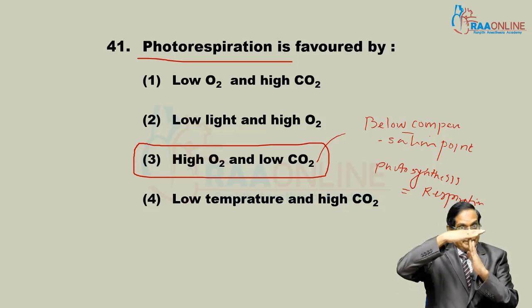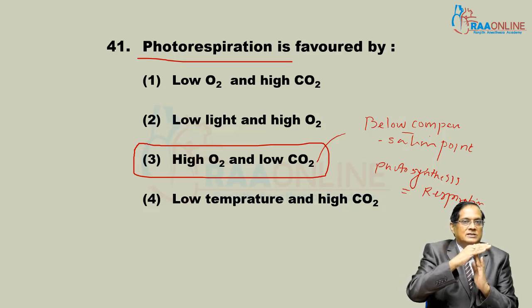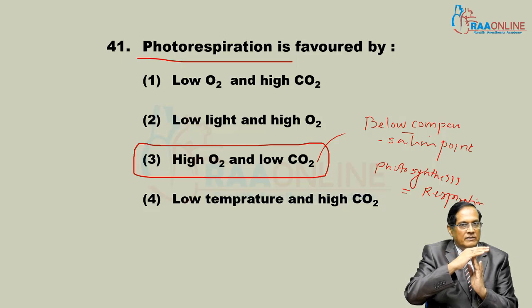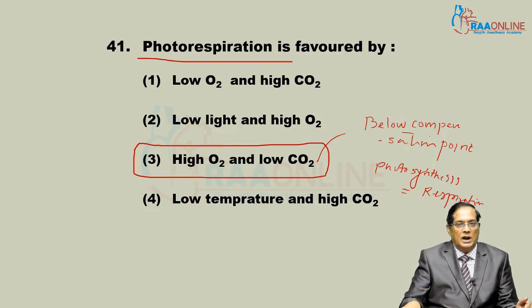So there is a limit of carbon dioxide: C3 plants can perform photosynthesis when carbon dioxide is available at least 50 ppm in the atmosphere or surrounding the plant. Parts per million, that is the CO2 compensation point for the C3 plant.